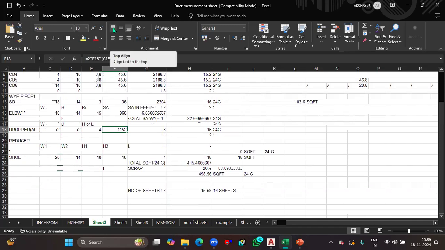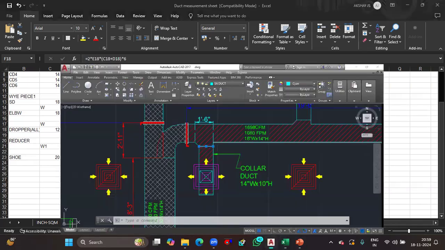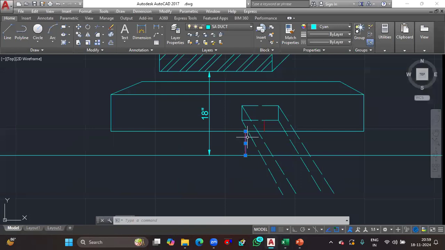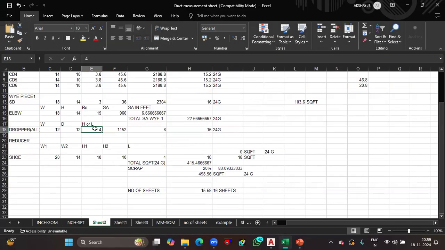Hello, beg your pardon, guys. Once again, I will make a small correction on this one. In this dropper duct, especially for this case, these two lengths, you can see this now, which means the clearance lengths, that is meant to be the dropper size. So probably the dropper size is around 4 inches right here itself, which is the height of the dropper. Then you need to use this equation, 2 into, why?